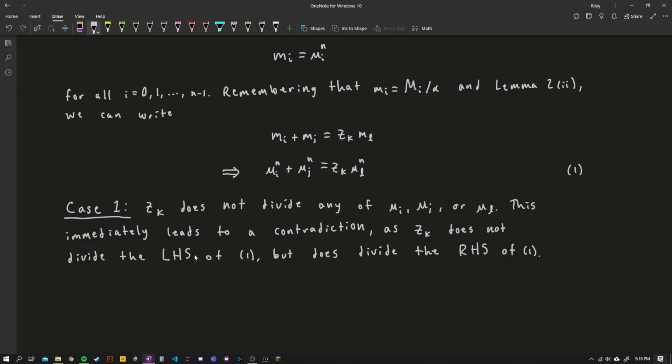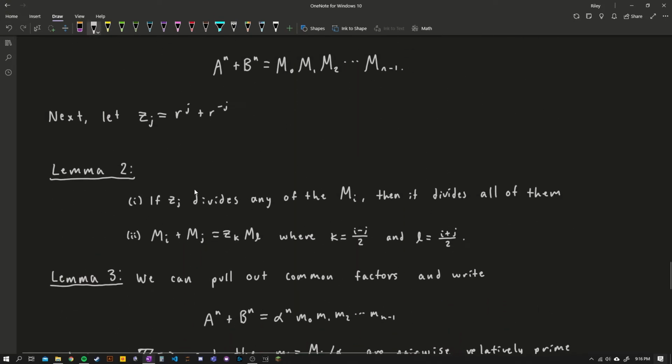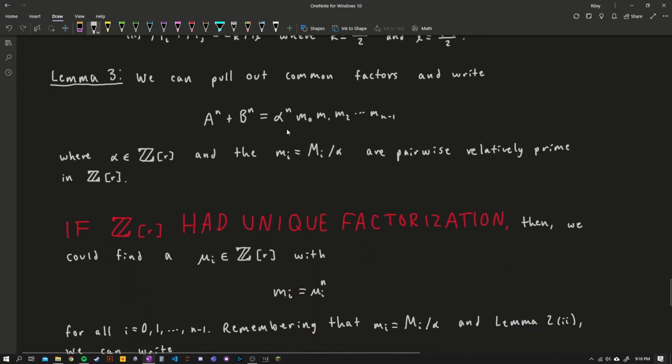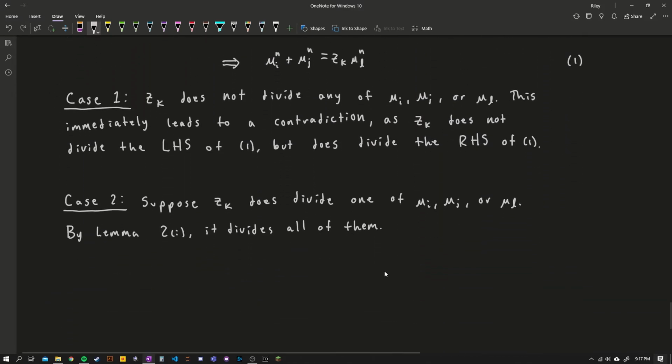Alright, so that completes case 1, and so now for case 2 we want to consider the case when z sub k does divide one of mu_i, mu_j, or mu_l. And if it does, then by lemma 2, part 1, it divides all of them. Now I want to focus on the right-hand side of equation 1 for a minute, and imagine pulling all of the factors of z sub k that we can out of this mu_l right here.